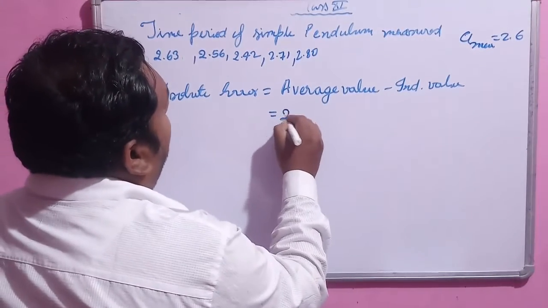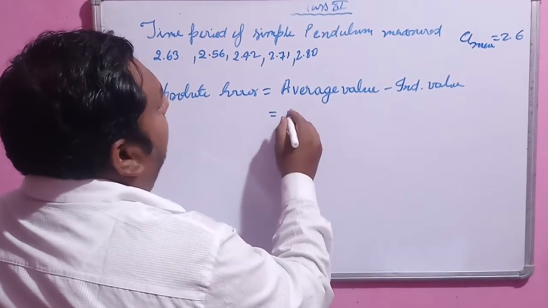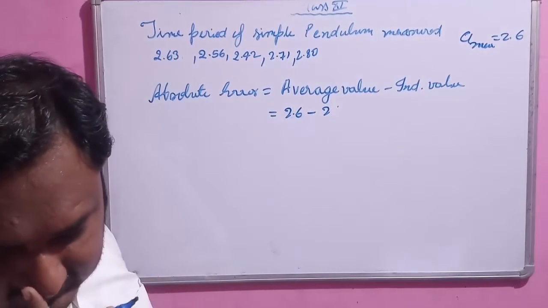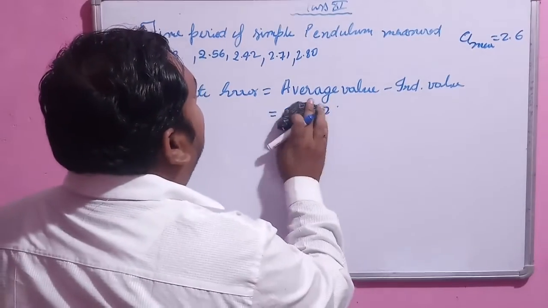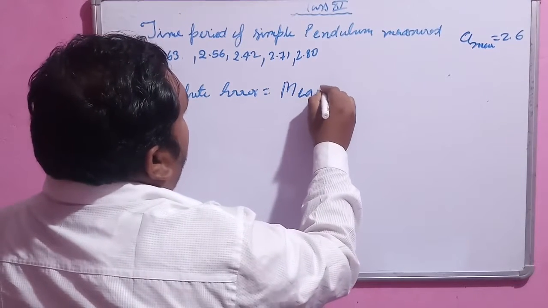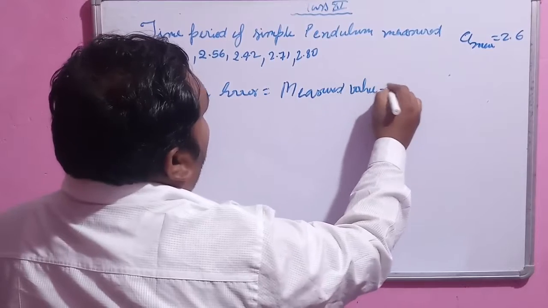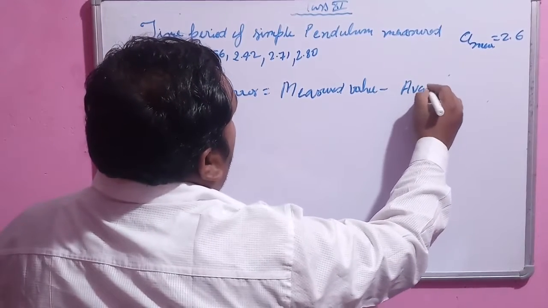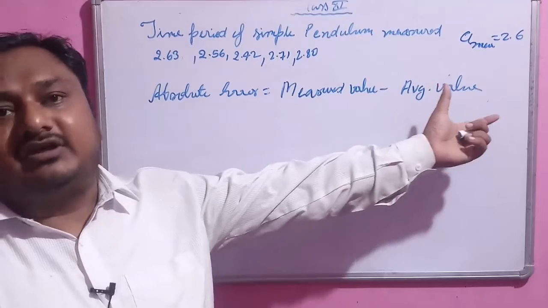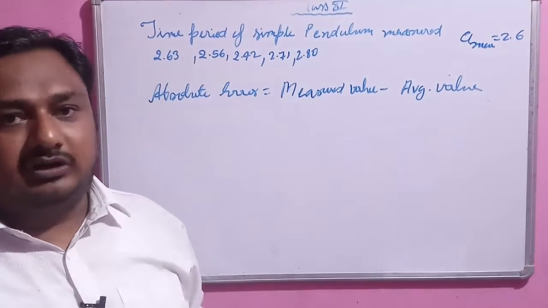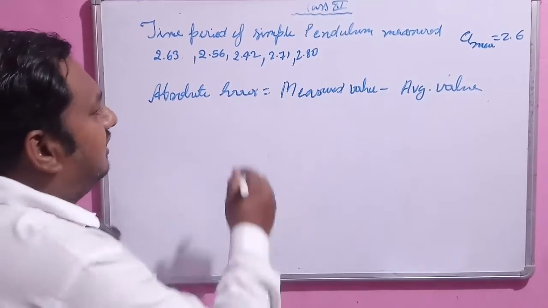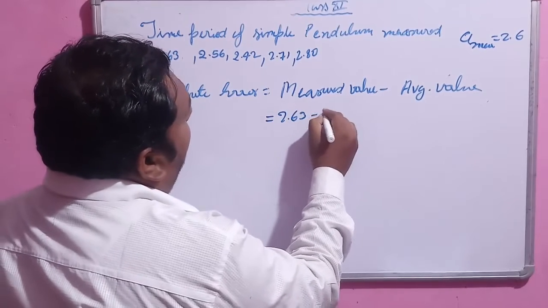Okay, so absolute error can be defined as the difference of the measured value minus the average value, the average of all these values. Again, absolute error is the difference of the measured value and the average value. Now we can find 2.63 minus 2.6.